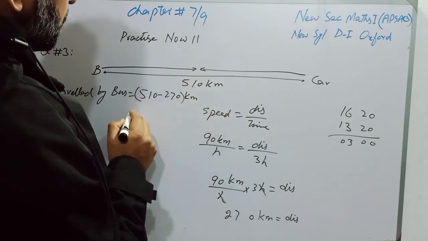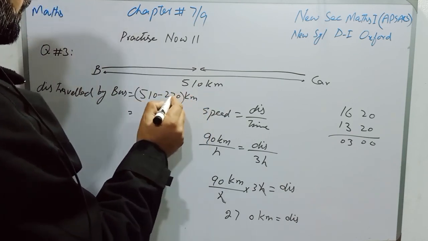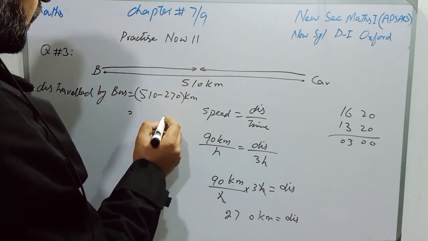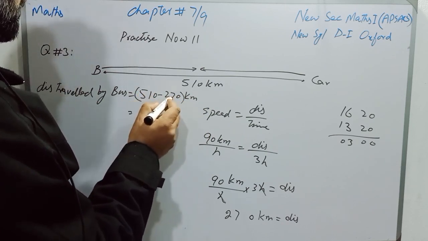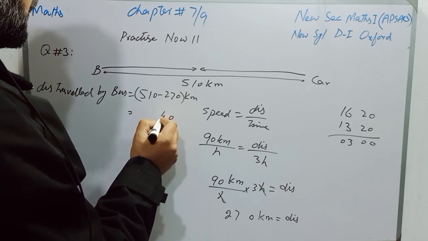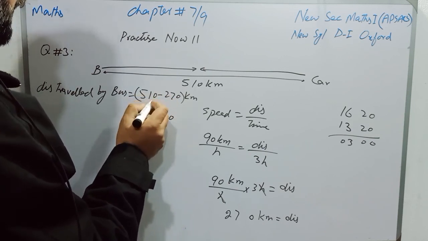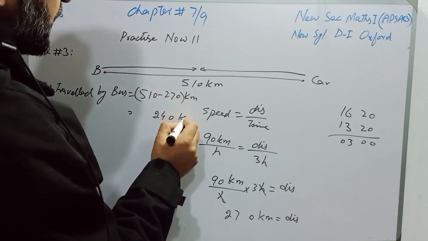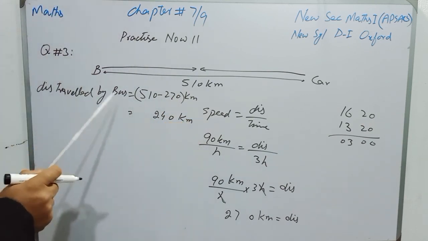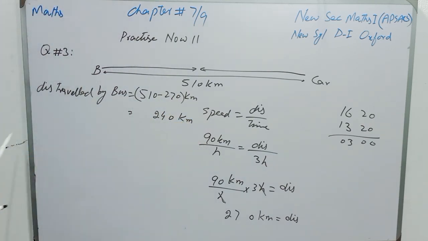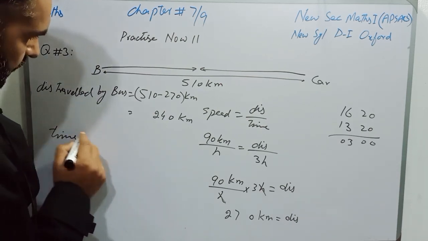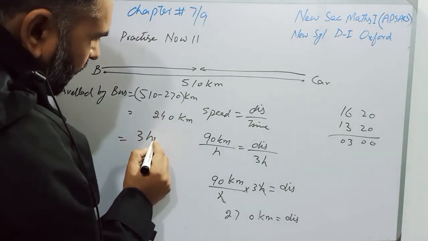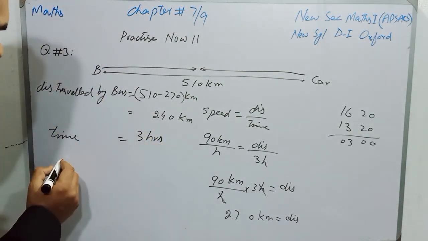Now 0 minus 0 is 0, 11 minus 7 means 4, and 4 minus 2 means 2. So students, distance traveled by bus is 240 kilometer and time is 3 hours.